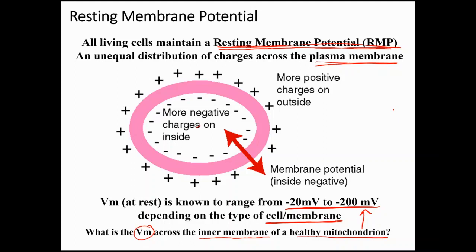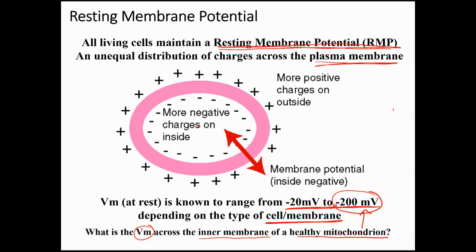And you're saying, well, that's not a high number, it's a negative number. This is representing a very large difference in charge across the inner membrane of the mitochondria. It's not a large negative number, it's a large number, and the negative sign is telling you that the matrix side of the inner membrane is negative compared to the non-matrix side.